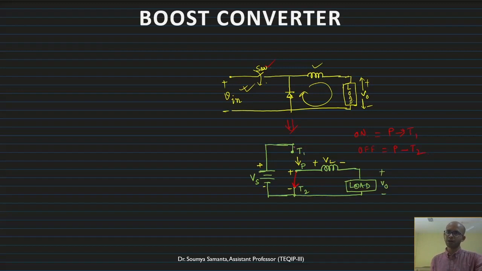It will be connected to either this one or this one. Now whenever this is connected, this is the inductor. The inductor discharges; previously it was charged from the source. Now it will discharge, and whenever it discharges, this will be the polarity. Now what will be the flow of current? This is the direction of the current.